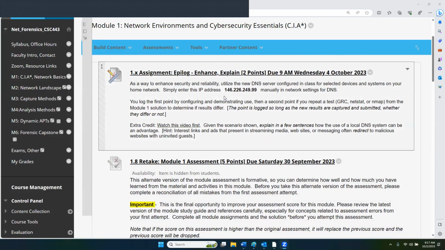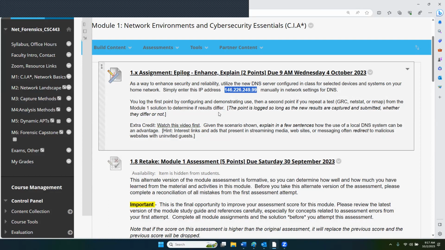Now, in session on Friday, we started work on staging another DNS machine, and there is a temporary DNS machine that's in place now that has this IP address, and so you can enter this value manually into network settings for DNS with some of your devices, or you could set that up in your router to see how that works for a time.